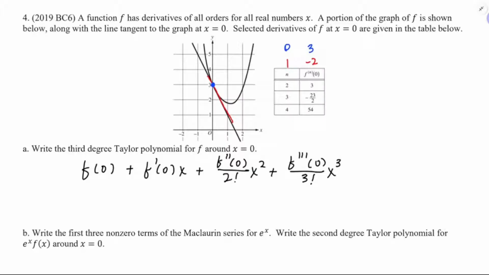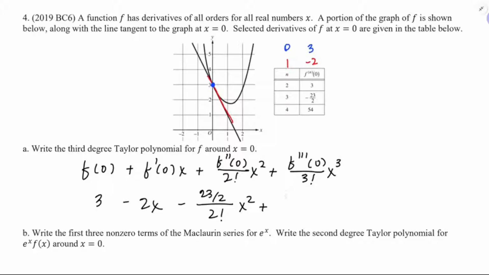Okay, and then you could erase and fill in with those numbers, or you could just rewrite it and say, all right, that's going to be 3 minus 2x minus 23 over 2, that's the derivative, divided by 2 factorial. Don't make it too fancy because we don't have to simplify. If we need to simplify later in the question, we can just do it then.